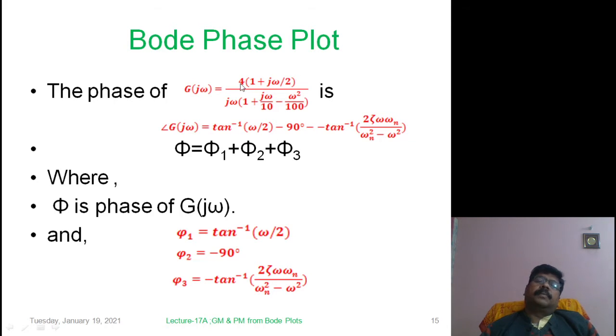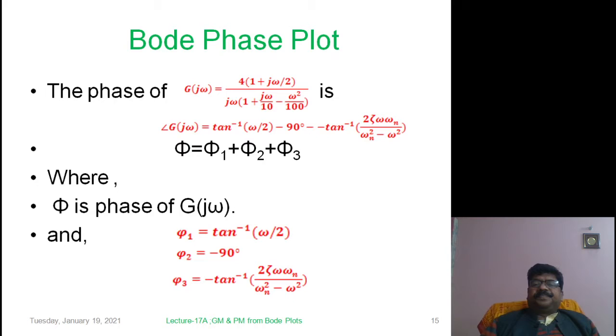This factor 1 plus j omega by 2 will contribute the angle tan inverse omega by 2, while j omega, since it is a simple pole at origin, contributes minus 90 degrees, and this factor will contribute the angle minus tan inverse of twice zeta omega omega n divided by omega n square minus omega square, where omega n square equals 100, or omega n equals 10 radian per second.